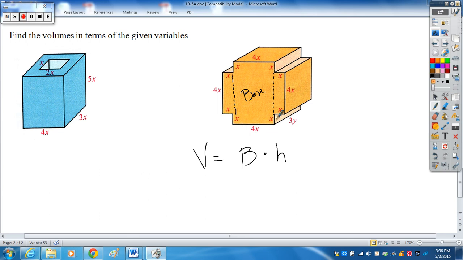Okay? So I'm going to break it into rectangles here to find the area of this base. Now the area of this face right here is 4x by x. So that's 4x squared, and this is 4x squared. So I'm going to say that there are two faces, each with an area of 4x squared. Okay? And there's one face with an area of 4x by x plus 4x plus x.